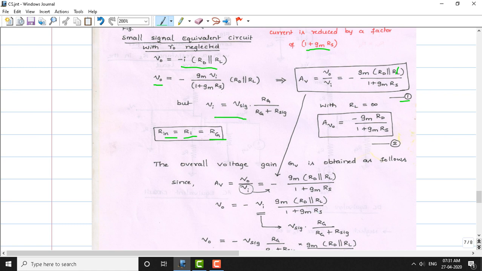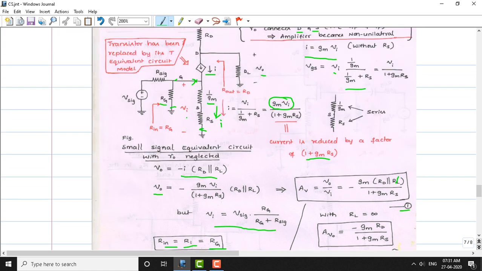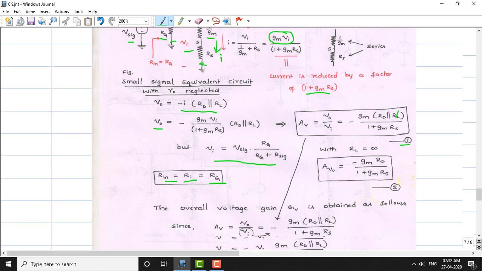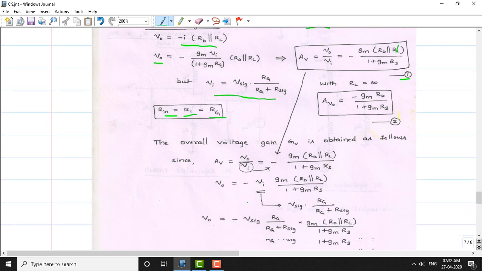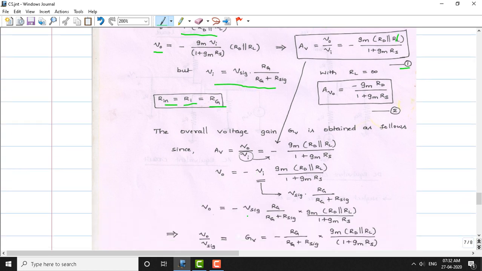If you apply the voltage division rule for the circuit here, Vi in terms of V signal can be written as Vi equals V signal times Rg divided by Rg plus R signal. That expression can be used in place of Vi, so that we get the expression for V naught in terms of V signal.